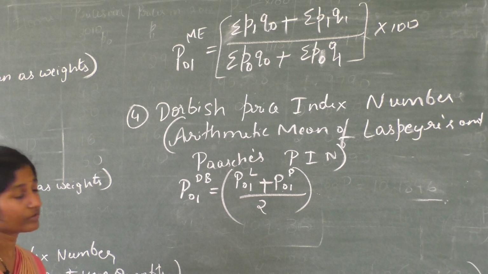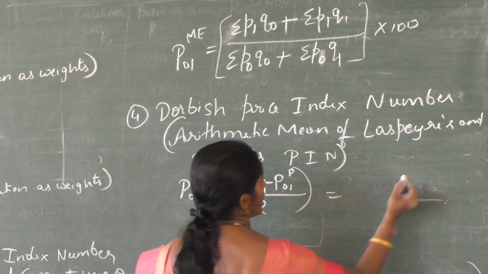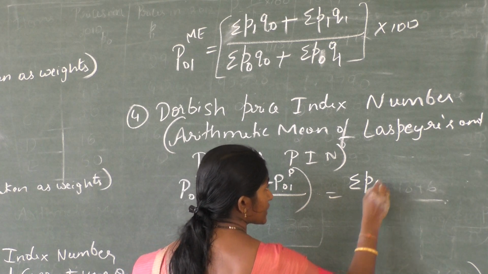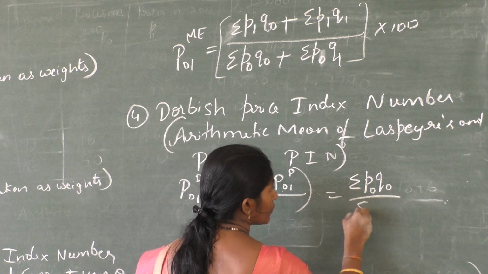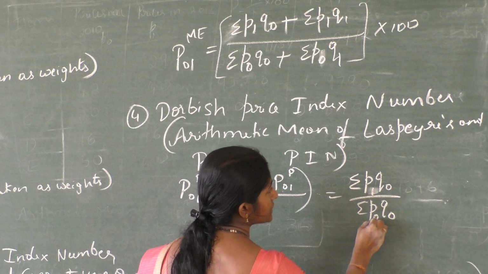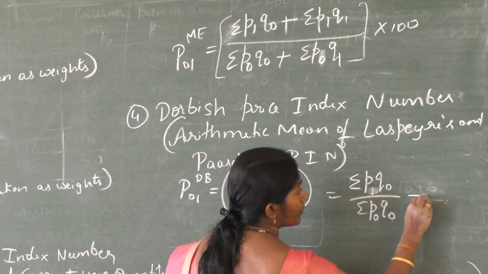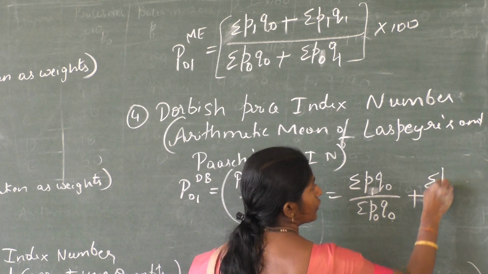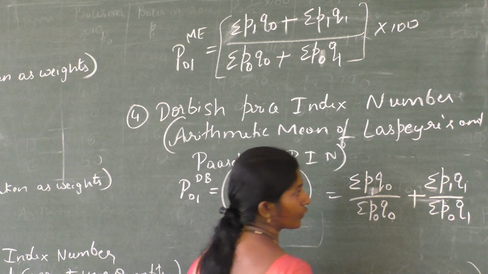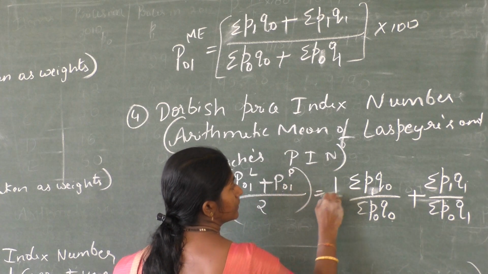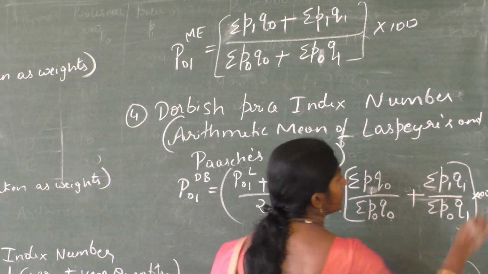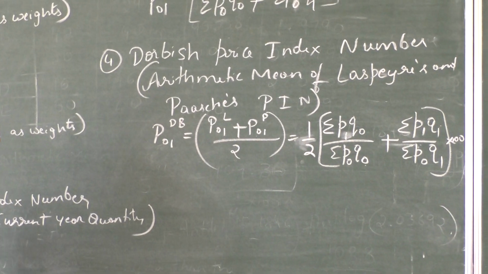Or we can write the formula this way also: the total value of Laspeyres, that is P1Q0 over P0Q0, plus the total value of Paasche, P1Q1 over P0Q1, times half, into 100. This is another formula.